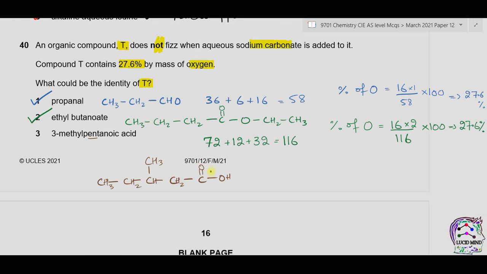Now carboxylic acid can react with sodium carbonate in acid-carbonate reaction to form salt along with carbon dioxide and water. Therefore, this is incorrect. As option 1 and 2 are correct, answer is B.